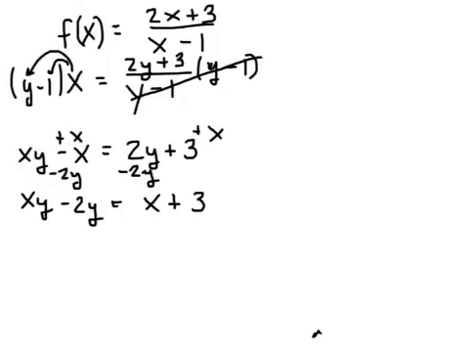So right now I have x plus 3 on one side, and I have xy minus 2y on the other.